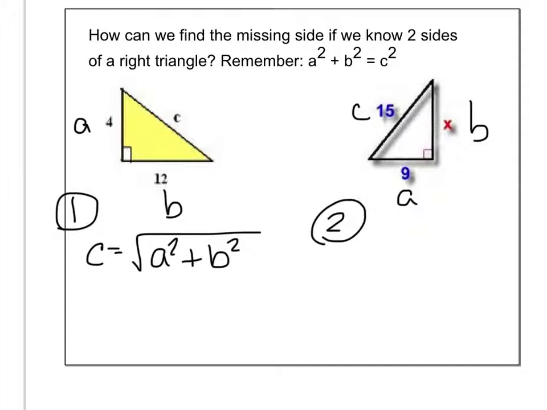And then in number 2, because we want to find B, we're going to be subtracting this time. So inside the square root it's going to be C squared minus A squared. What I need you guys to do for me is to figure out what these two answers are going to be, and we'll talk about it next time.